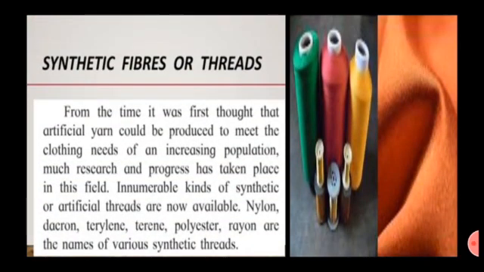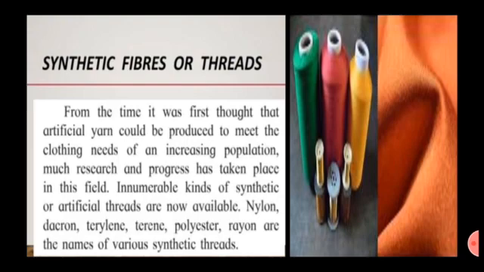From the time it was first thought that artificial yarn could be produced to meet the clothing needs of an increasing population, much research and progress has taken place in this field. Innumerable kinds of synthetic or artificial threads are now available.